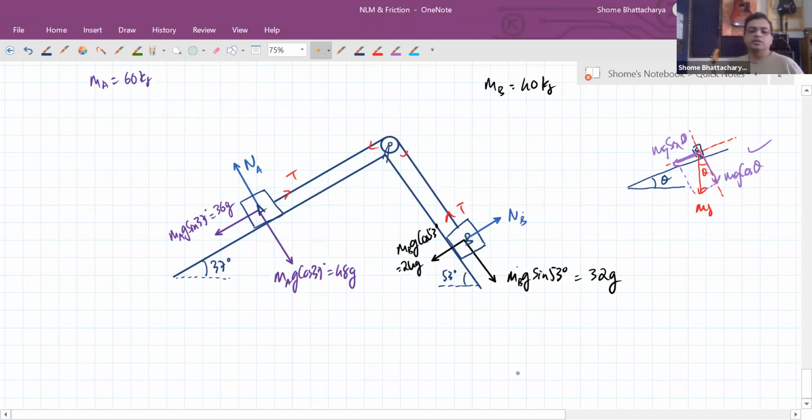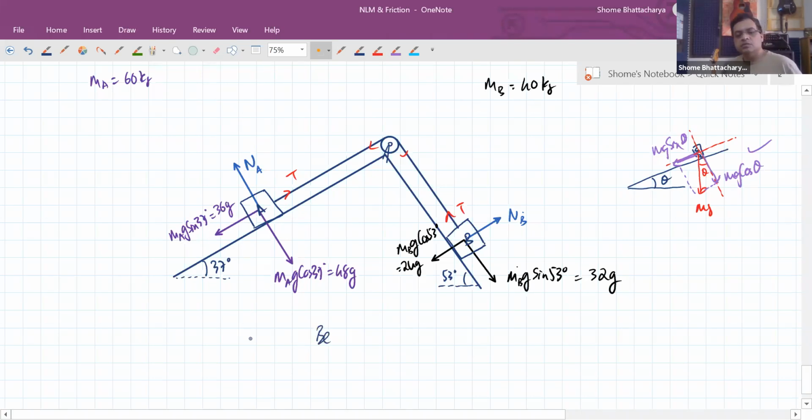If we resolve the forces this way, then it's very clear to us from the beginning what the direction of acceleration is. You can see that this component of weight, the sine component of A's weight, which is 36g, is trying to pull the system in this direction. Whereas this one's component of weight, which is 32g, that is B's weight sine 53 component, is trying to pull in the opposite direction. So which one is dominating?